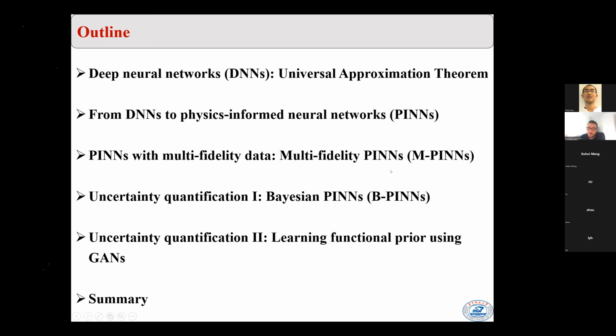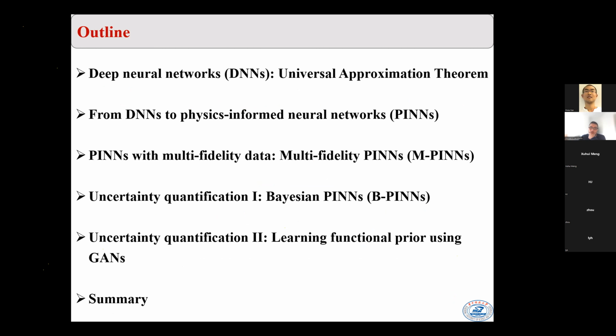So in the first part of my talk, I'll talk about the universal approximation theorem of deep neural networks. And then I will introduce how to encode PDEs in DNNs to get physics-informed neural networks, which we call PINNs. And then I will introduce three deep learning models we developed. The first one is PINN with multifidelity data.